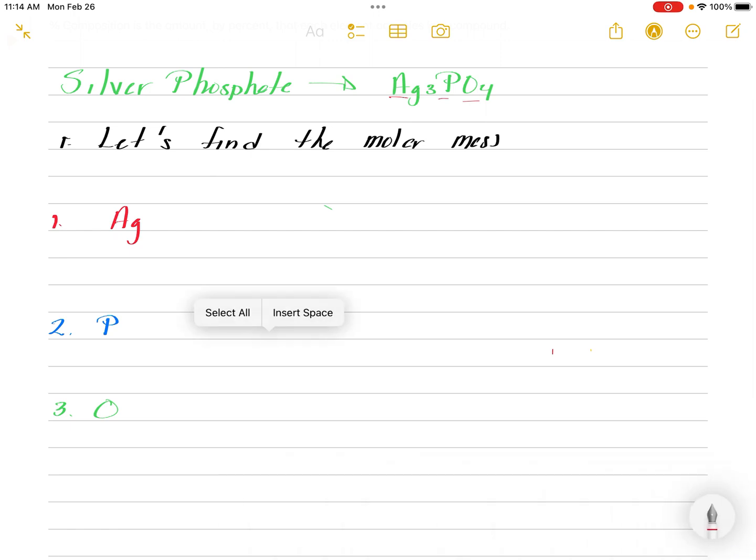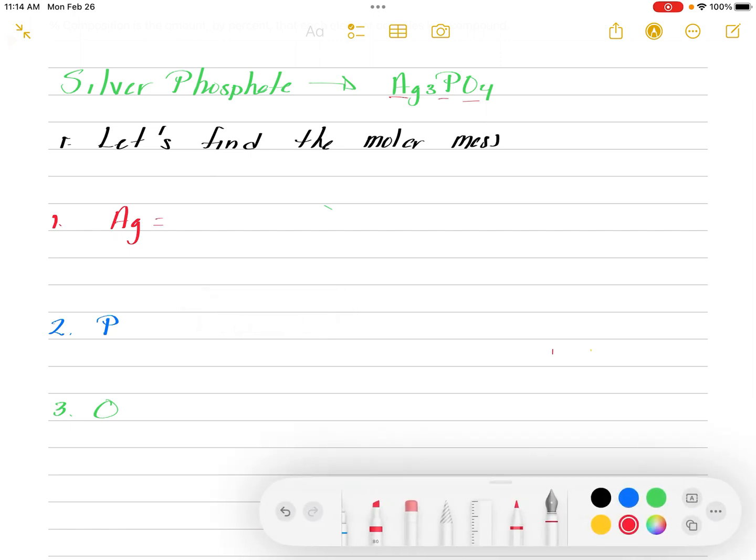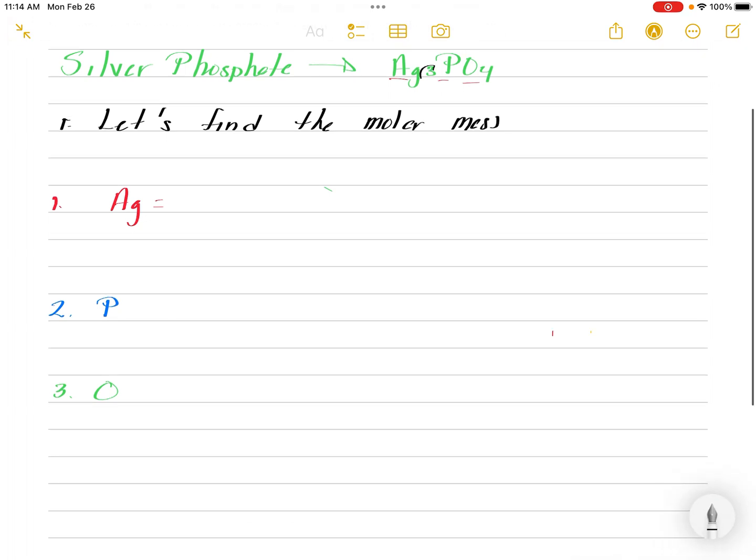So in this compound, we can see that there are 3 silvers, there is 1 phosphorus, and there are 4 oxygens.